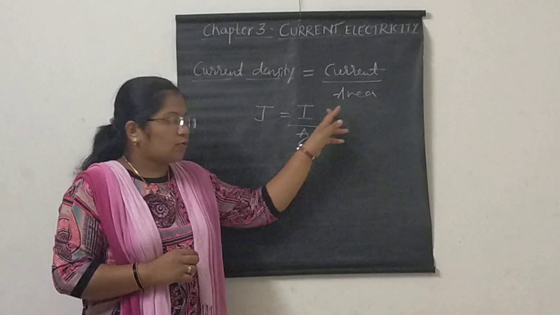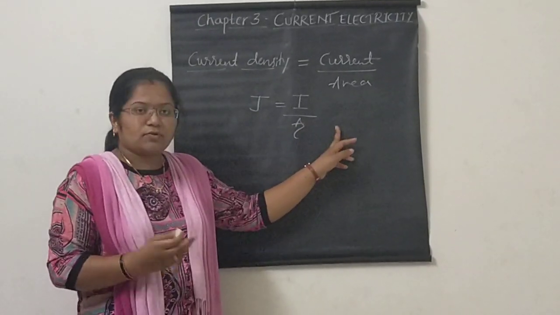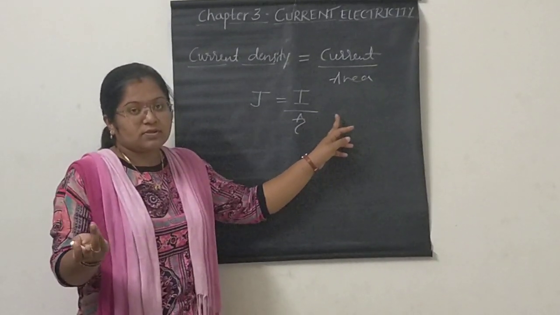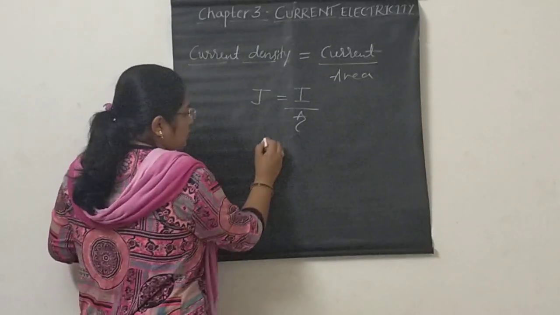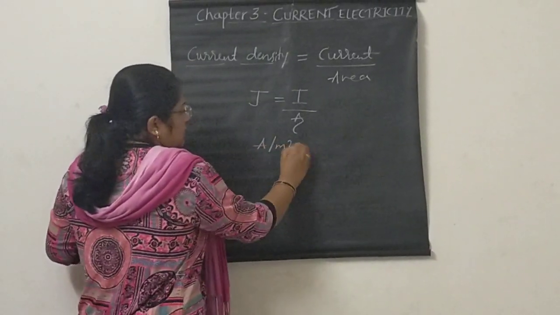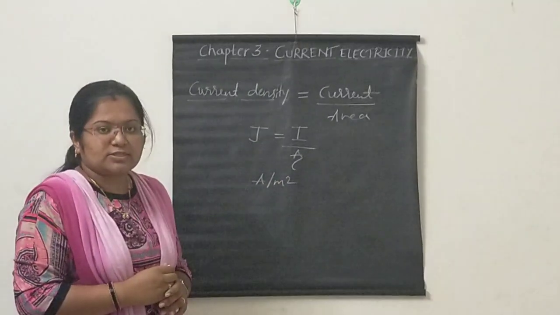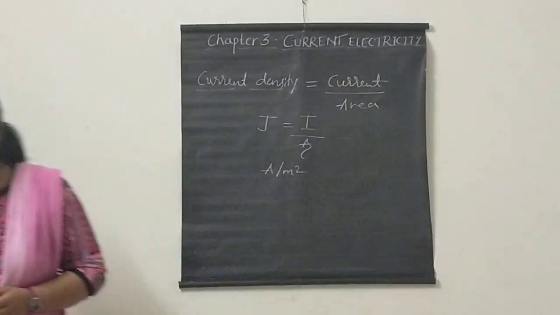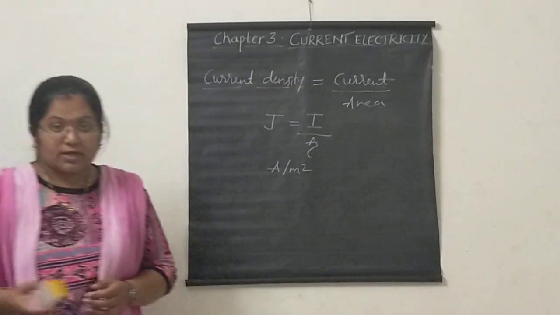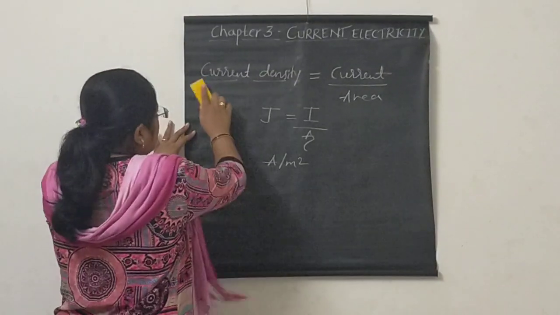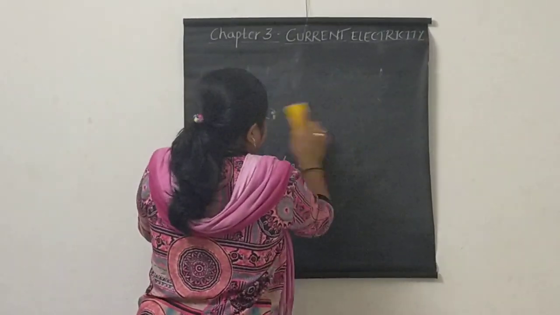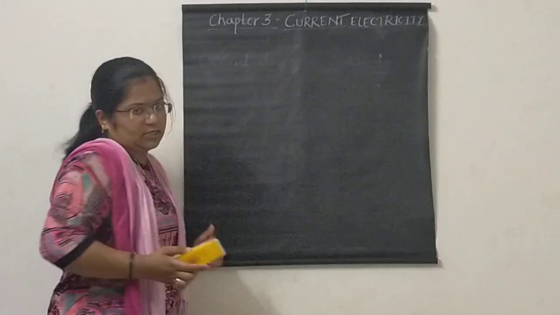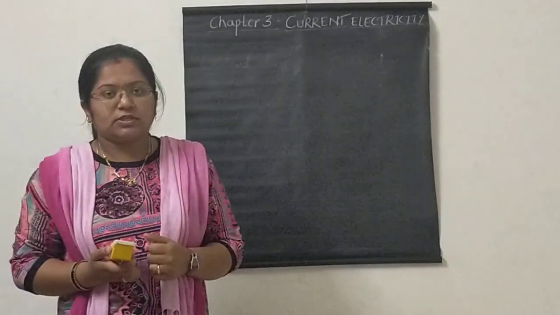The unit of current is ampere, and area you can measure in meter square or centimeter square. So the SI unit of current density is ampere per meter square. Understood? Current density is a vector quantity. It has its own direction. It's not a scalar, it's a vector quantity. So this was the first definition.